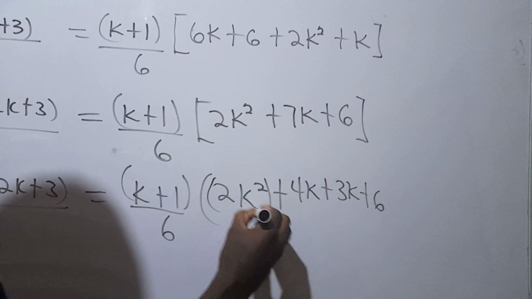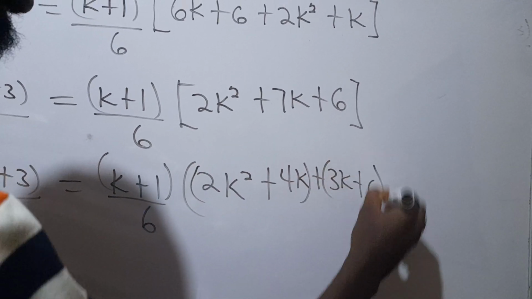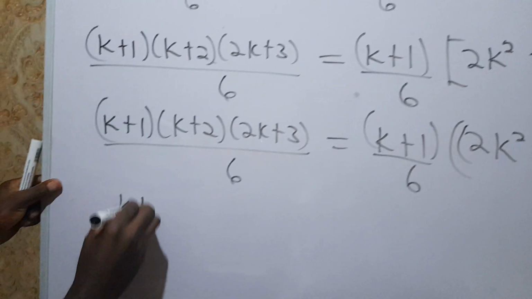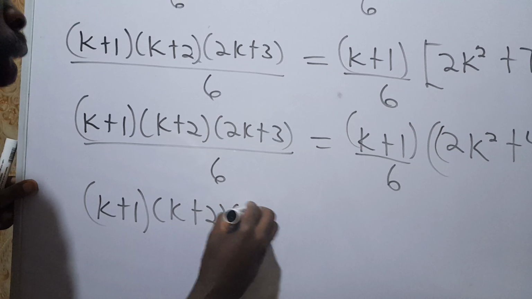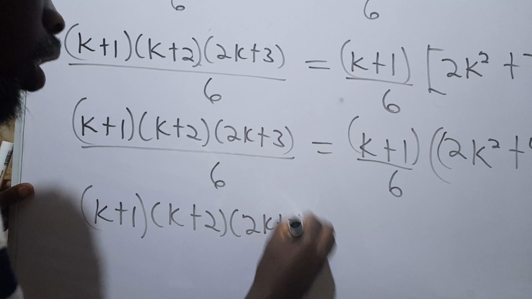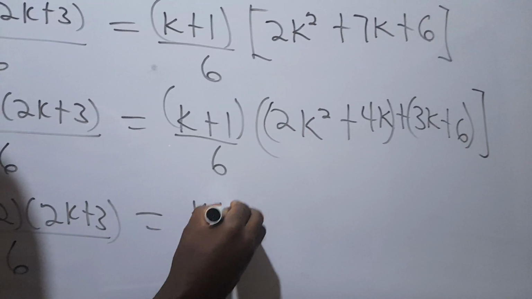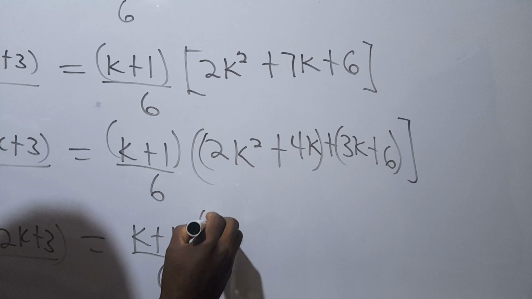I'll bracket the first two and the last two. Now what is common here? 2k is common.